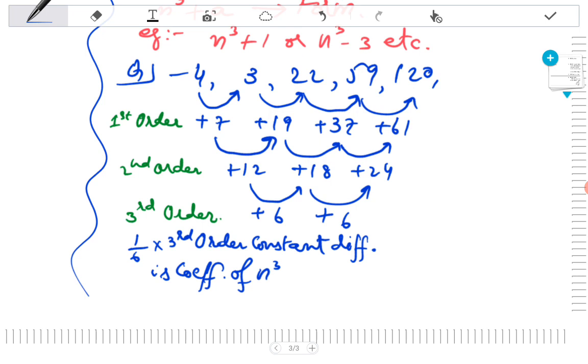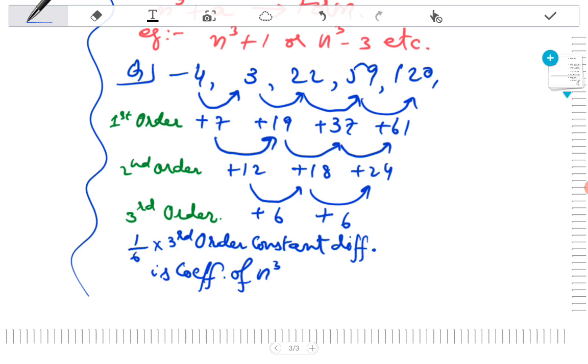Just like in arithmetic progression, whatever constant difference comes becomes the coefficient of n. In quadratic, half of the second order difference becomes the coefficient. In a cubic, 1/6 of the third order constant difference becomes the coefficient of n cube.